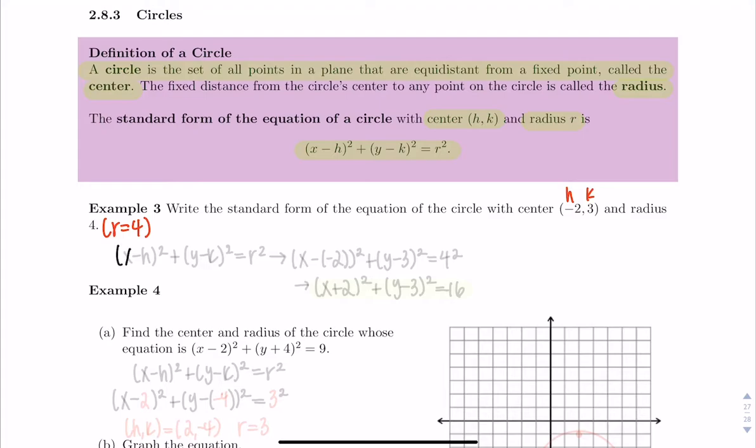So plugging in to our standard form, x minus h squared plus y minus k squared equals r squared, we have x minus -2 squared plus y minus 3 squared equals 4 squared. So we can make this look a little prettier. And this becomes x plus 2 squared plus y minus 3 squared equals 16.